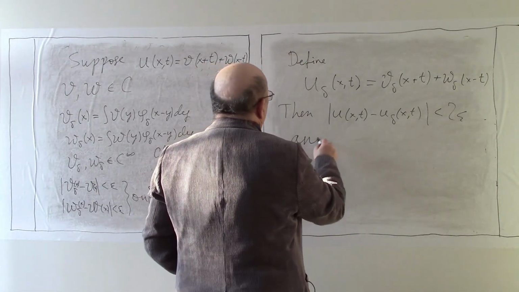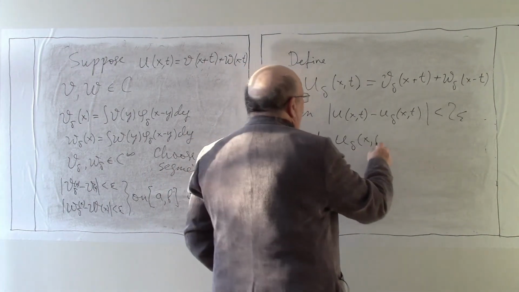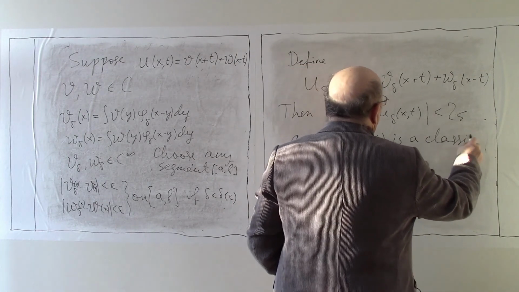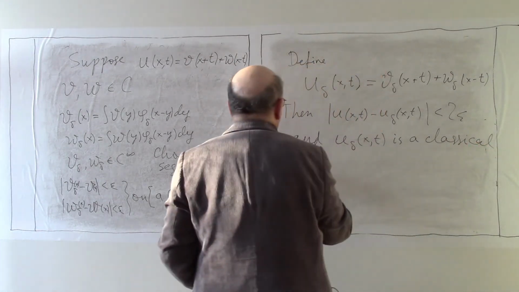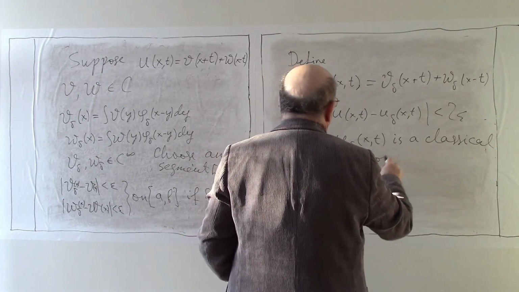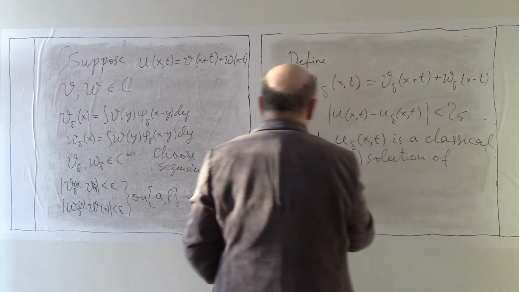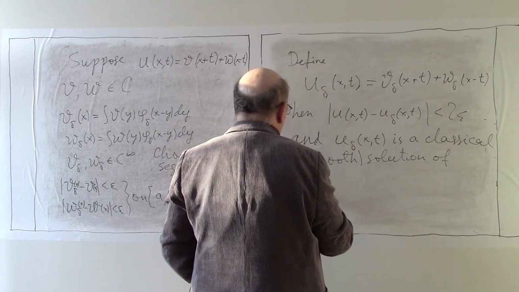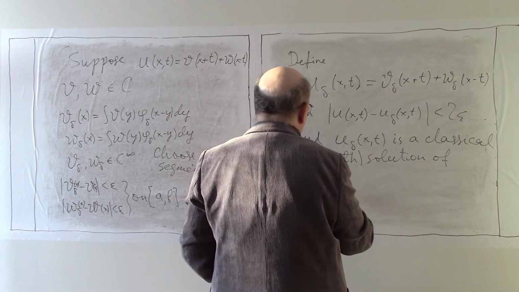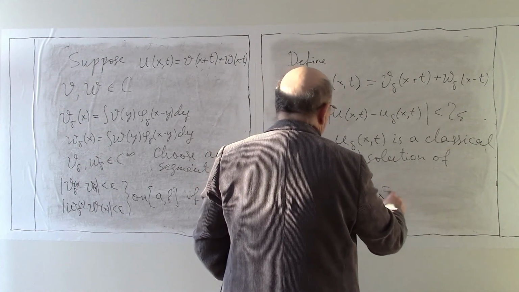And u_delta(x,t) is a classical smooth solution of the equation u_delta_tt minus u_delta_xx equals 0.